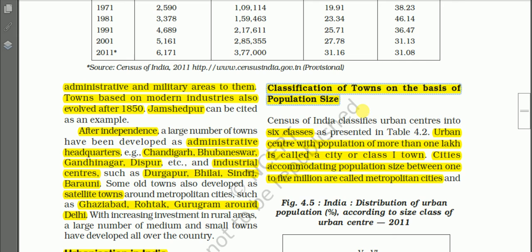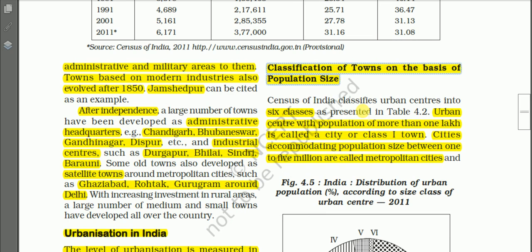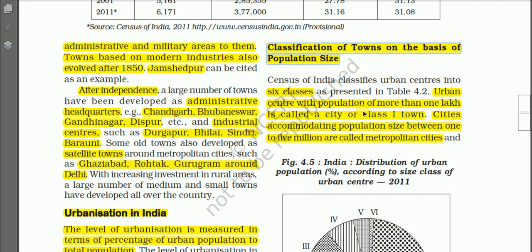We have ancient towns, medieval towns, and modern towns. And now we have classification of towns on the basis of population size. On the basis of the size of the population, we have 6 classes of towns, and it is presented in table number 4.2 on the next page.